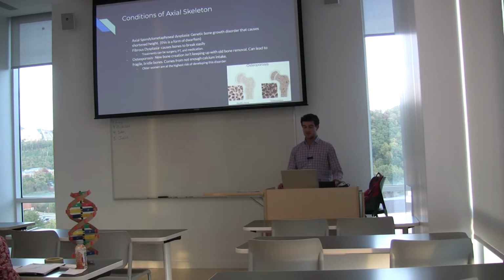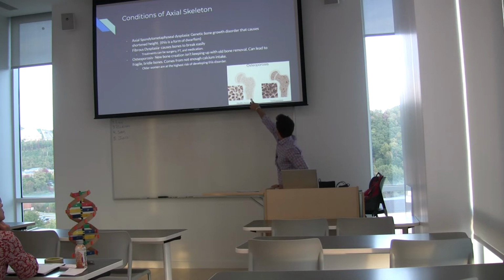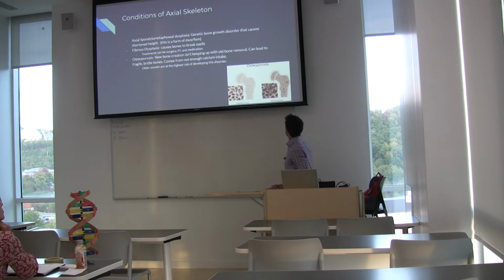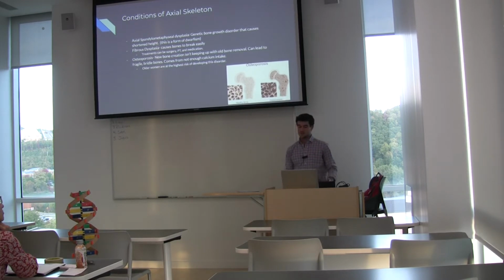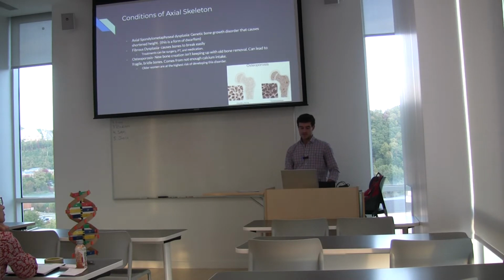This can lead to fragile and brittle bones, and this can also come about from not intaking enough calcium. So in this picture you can see the healthy bone and then what osteoporosis looks like. The darkened bone there is just the inability to remove the old bone.